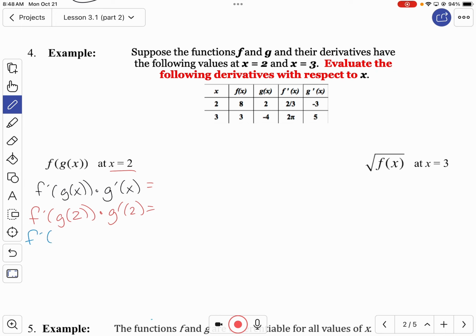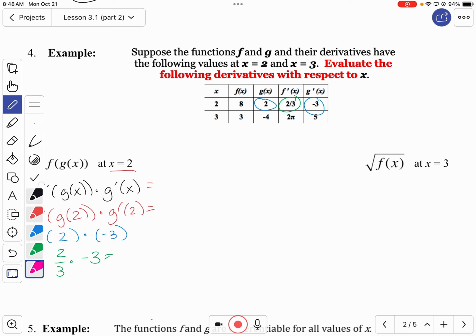G at 2 is 2. G prime at 2 is negative 3, right? And so then when I finish, I need F prime at 2. Well, F prime at 2 is 2/3 times negative 3, which would simplify to just negative 2.